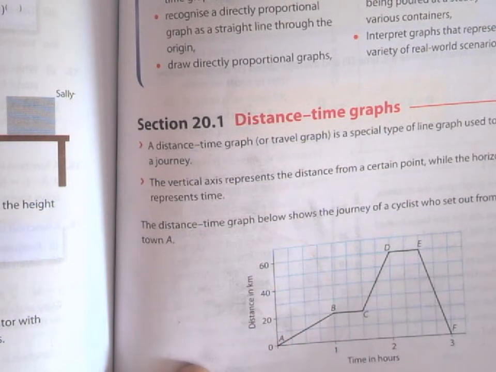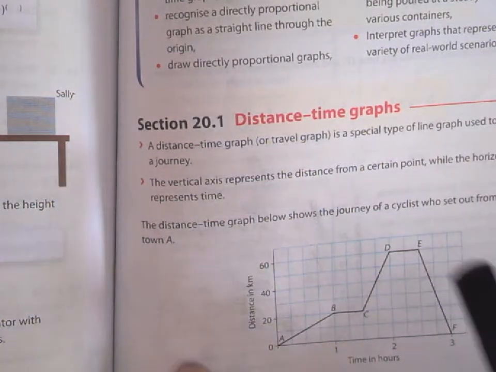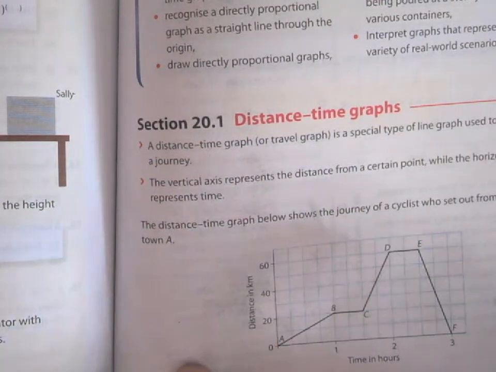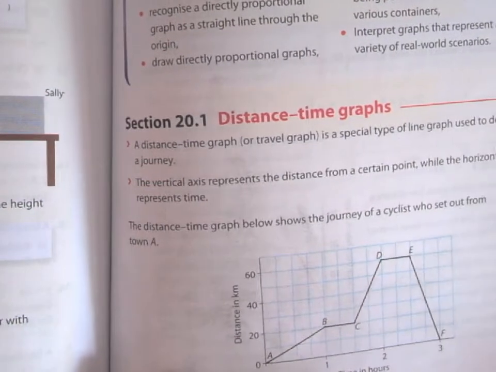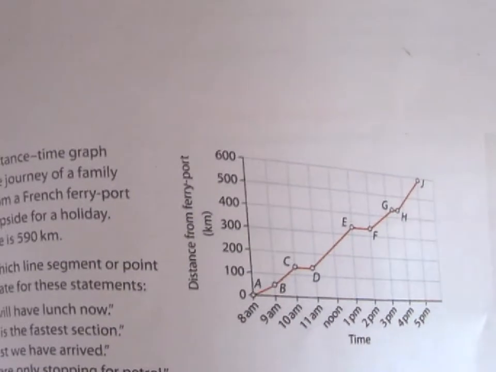It's a steeper line. And he's going the fastest between E and F, so that's the steepest line, and the fact that it's coming down just means he's going in the opposite direction.